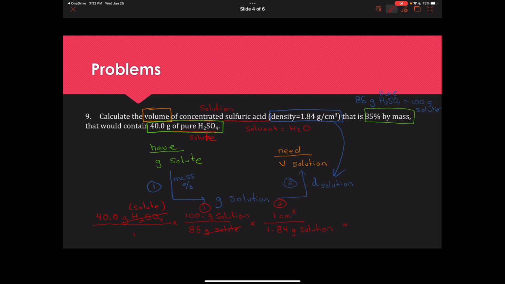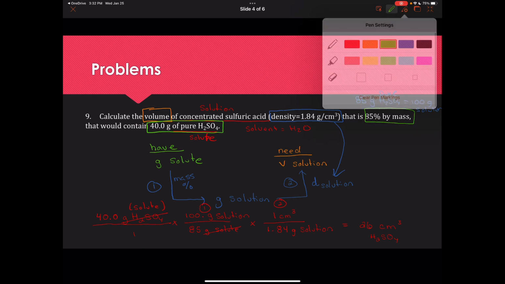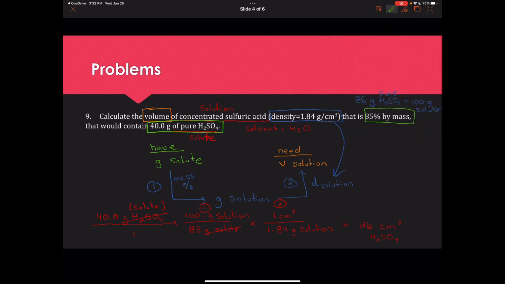That is going to give me a volume of 26 centimeters cubed for my concentrated H2SO4.